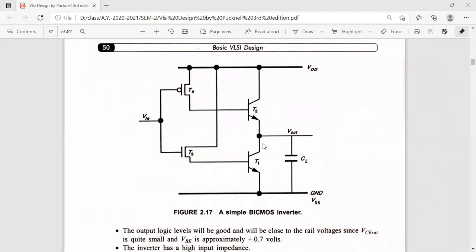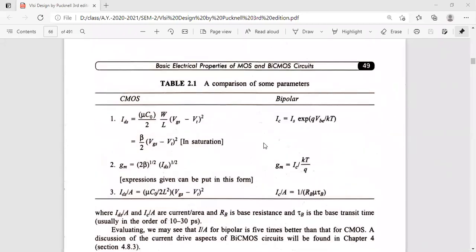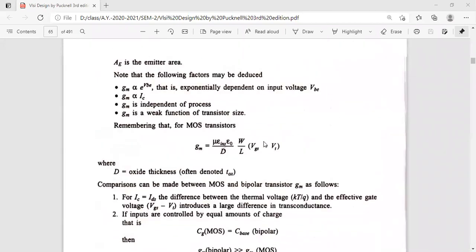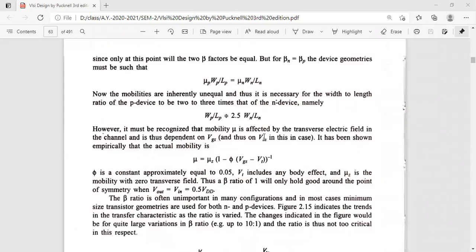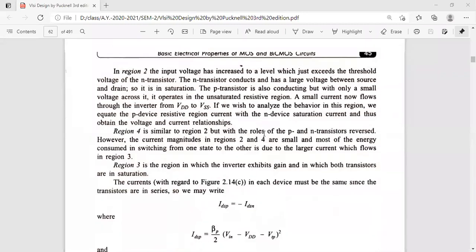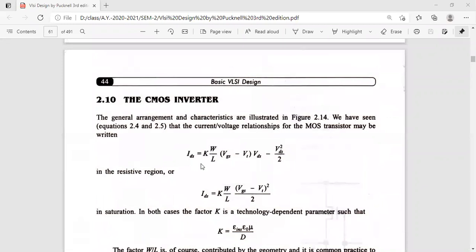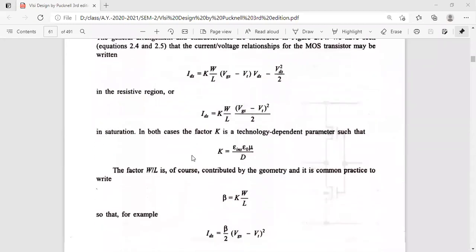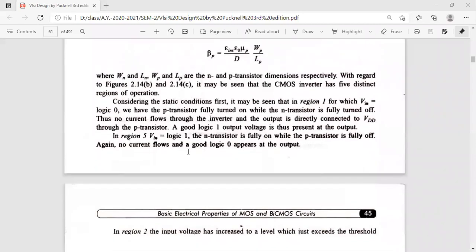Not only this, we have the comparisons of CMOS and bipolar. The CMOS transistor, this thing we have discussed in the previous classes. When we went through the CMOS inverter discussion, the corresponding IDS versus VDS relations were given with other parameters.